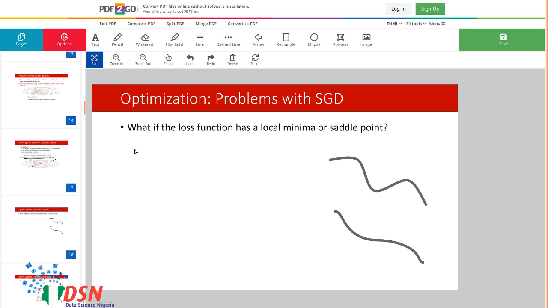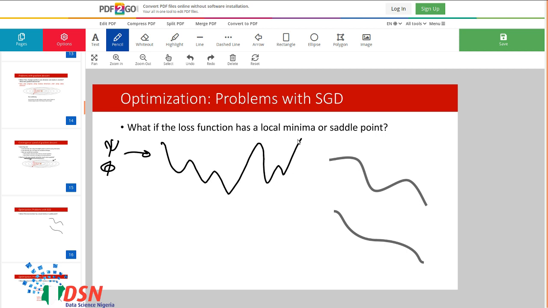Now we know that the loss function of a neural network is highly nonlinear because we have lots of nonlinearity, or activation functions, in the loss function. So if we plot the loss function, we may have something like this.